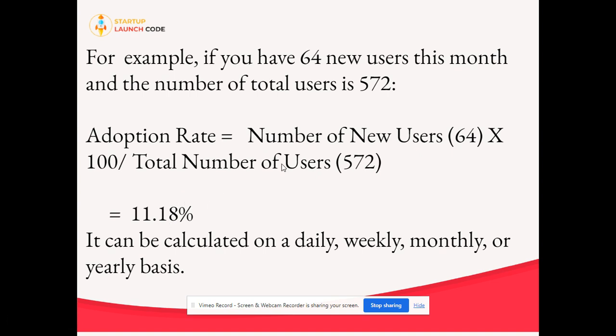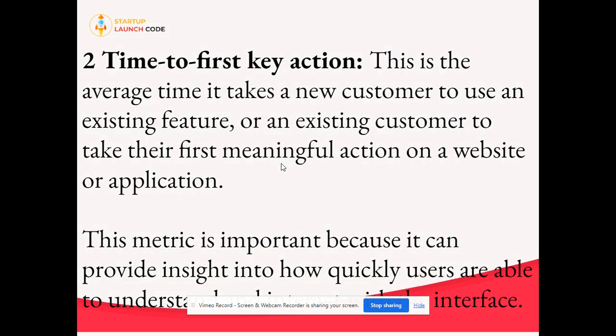You can always calculate your adoption rate either daily, weekly, monthly, or yearly. It is important to always know how you are doing with adoption, whether you are doing well or not. So this product adoption rate will help you to know how you are doing with your adoption strategies.